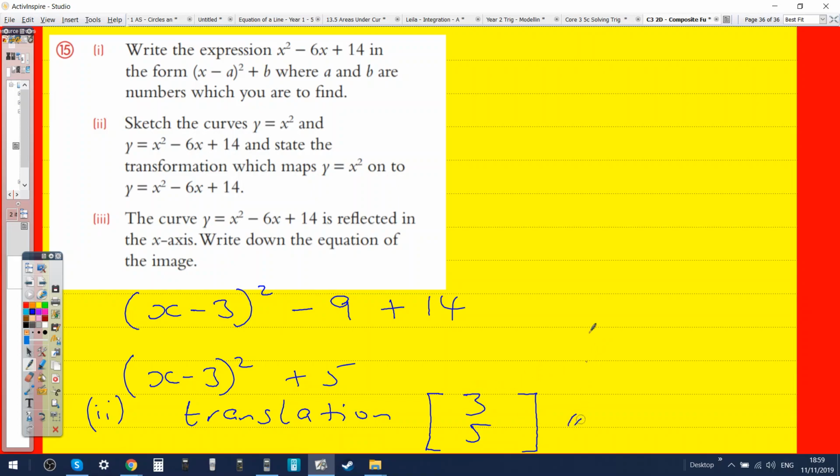Yes, that's it. So it's a translation 3, 5. So the previous one wasn't more difficult because it had 2 transformations. It was more difficult because I didn't think of it easier to put it into completed square form and complete that way. But that is all of the hardest questions for chapters 4 and 6.